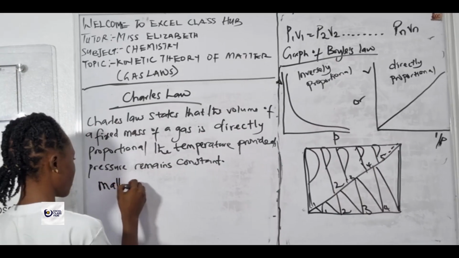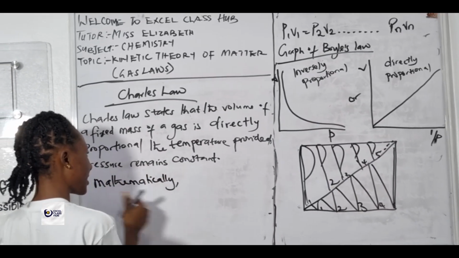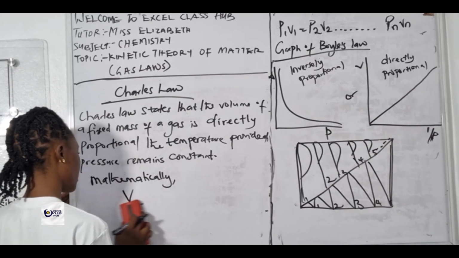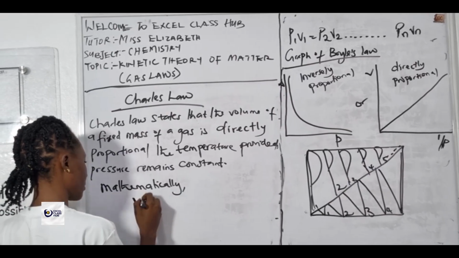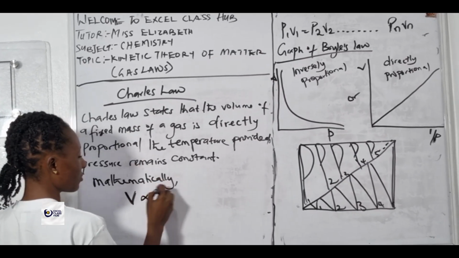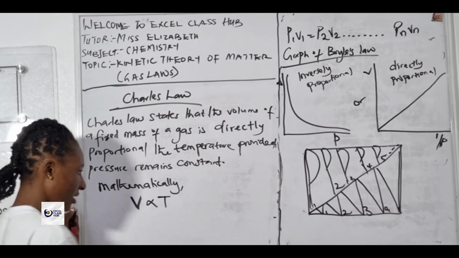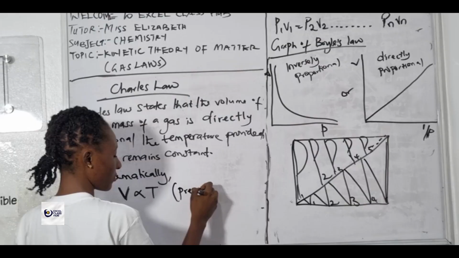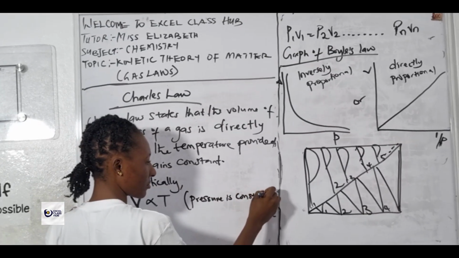Mathematically, we have it as V proportional to T, where pressure is constant.